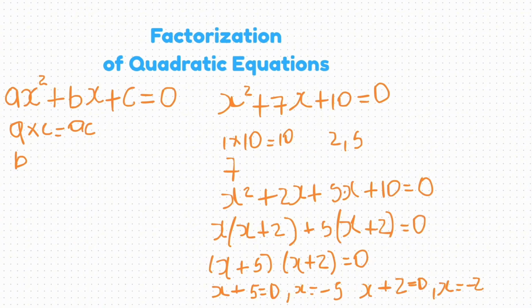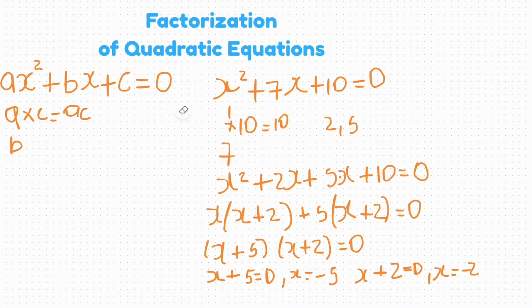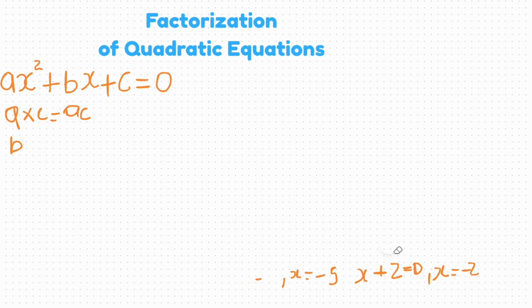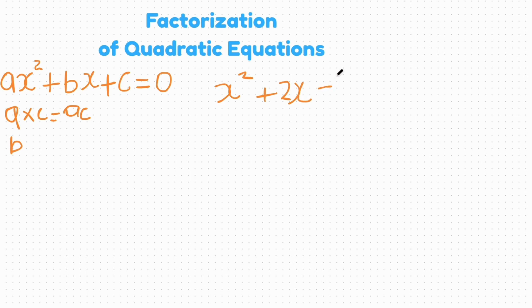Let's look at another example. So what if you were given x squared plus 2x minus 15 is equal to 0.